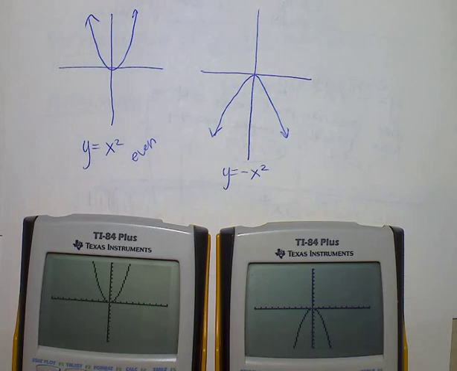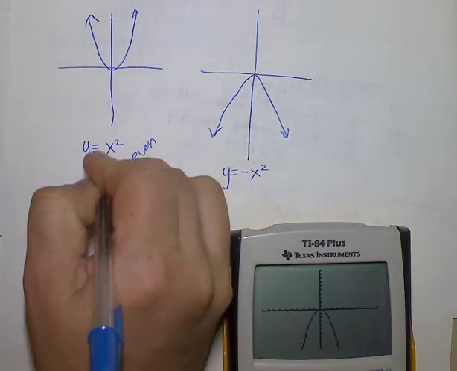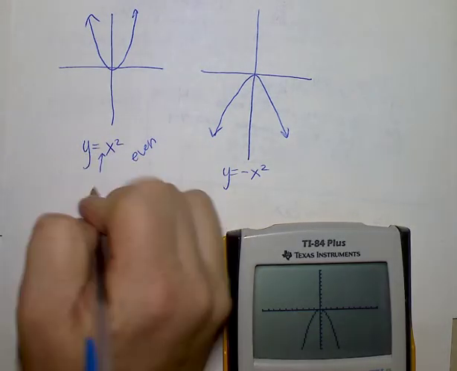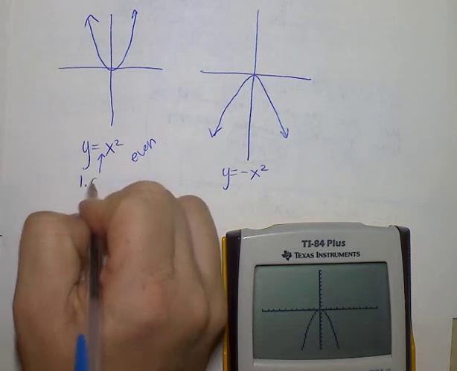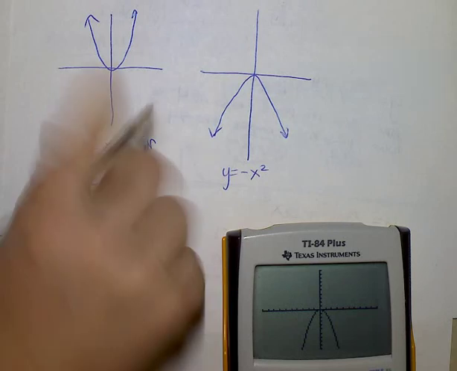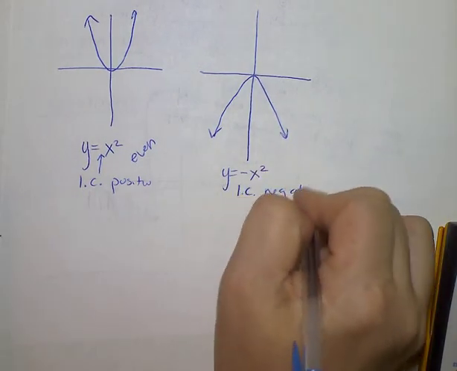There's a negative. There's a special word for that negative. That's 2 words. Starts with an L. Leading coefficient. What is the leading coefficient here? 1. It's a positive number. Okay, so I'm going to abbreviate just to make life simple. Leading coefficient is positive. It opens up. Leading coefficient is negative. It opens down.